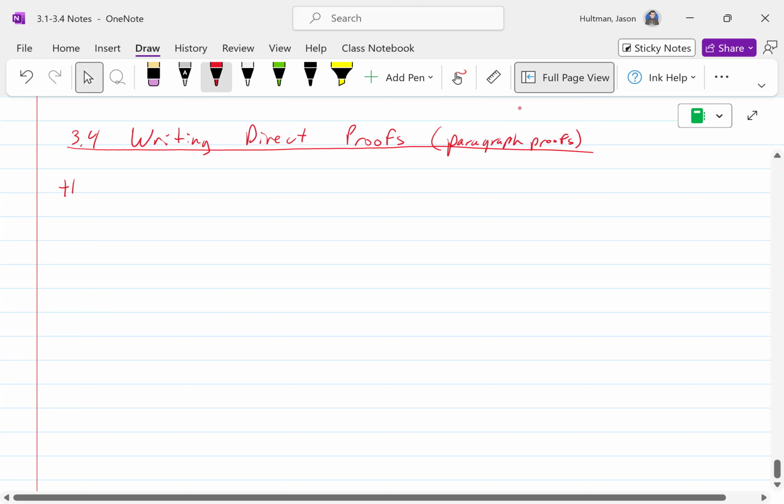So proof type number 3 is a direct proof.